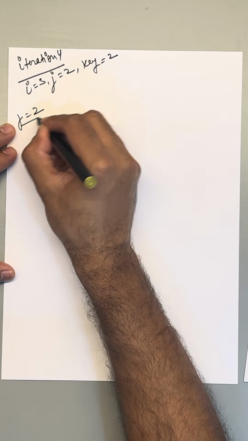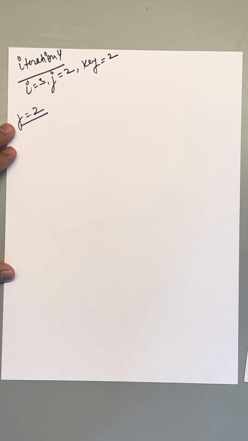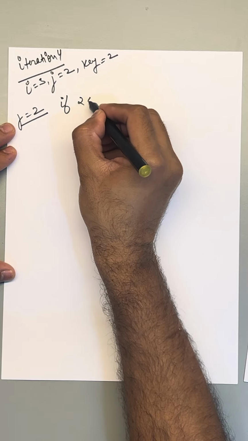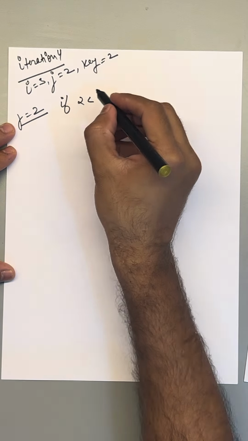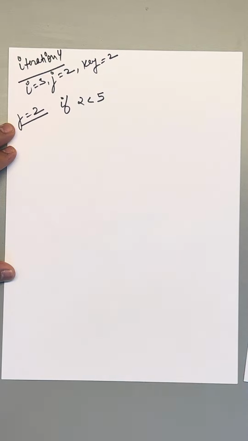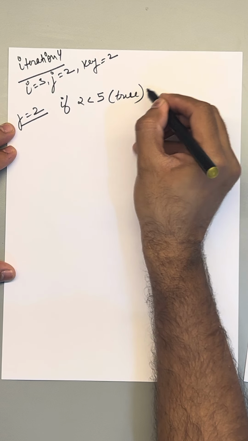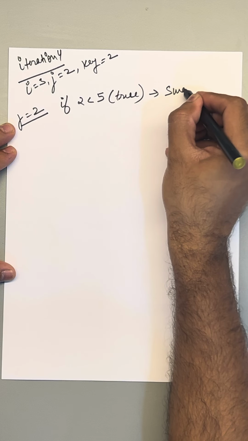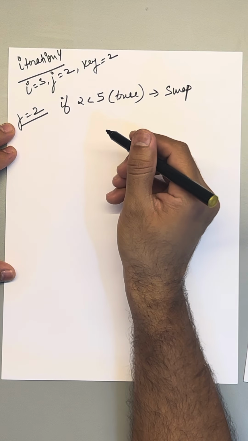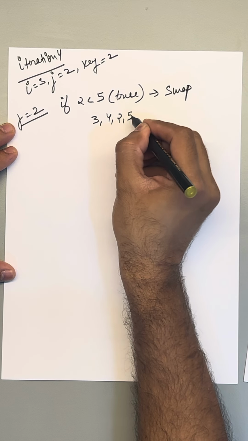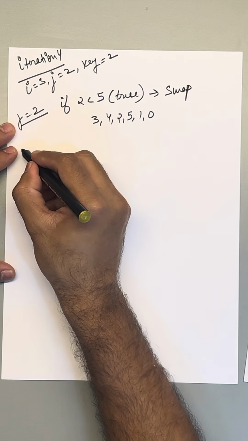For j equal to 2, we are going to check if 2 is smaller than 5, which happens to be true. In this case, what we do is swap the values. The output should look like 3, 4, 2, 5, 1, 0.